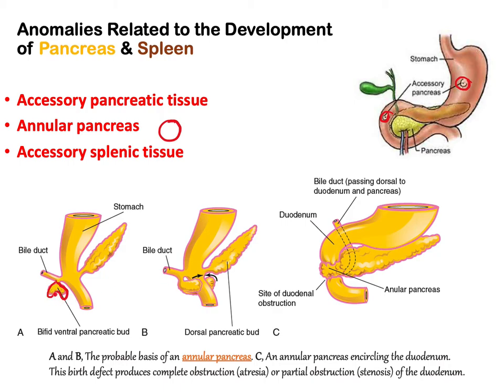We know that with the rotation of the stomach, the ventral bud should move and become posterior to the dorsal bud. But in the case of a split ventral pancreatic bud, one part moves posterior to the duodenum, and one part ventral to it. Then they unite with each other and create a complete ring around the duodenum, leading to duodenal obstruction.